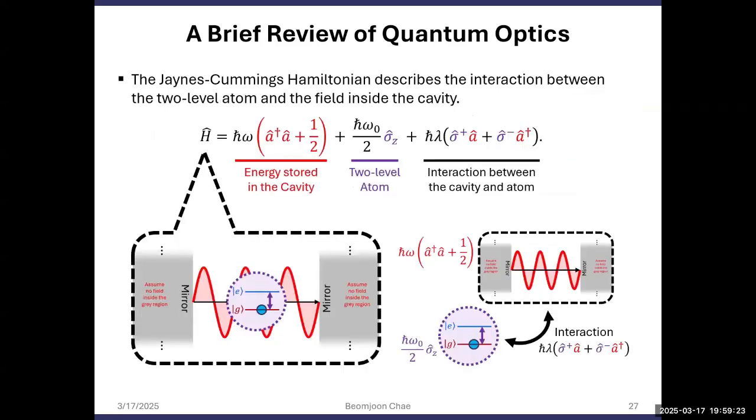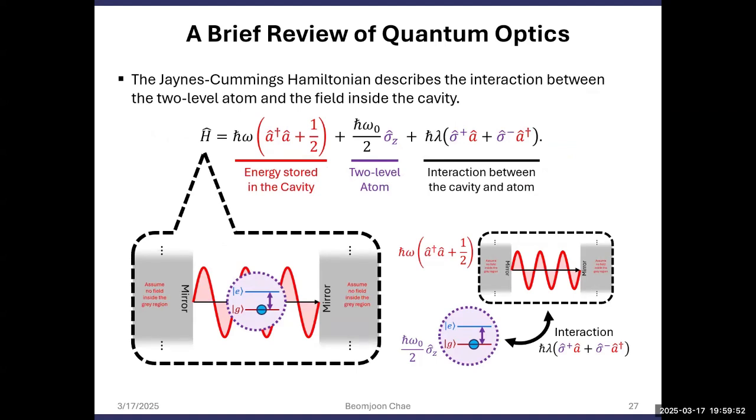As a result, when there is an atom, a two-level system, inside the cavity, the quantum mechanical states and the electromagnetic field in the cavity interact with each other. Those interactions can be described with the Jaynes-Cummings Hamiltonian.